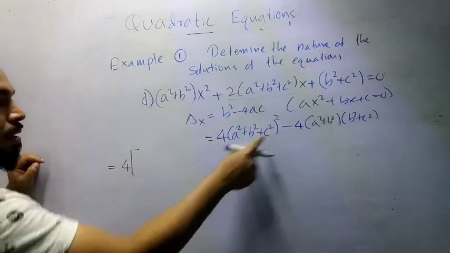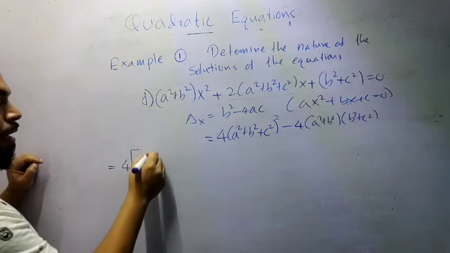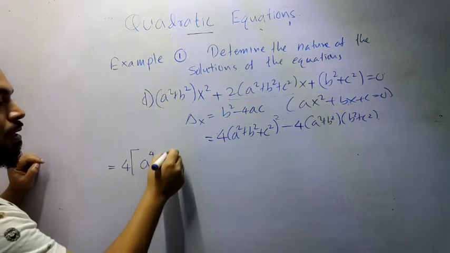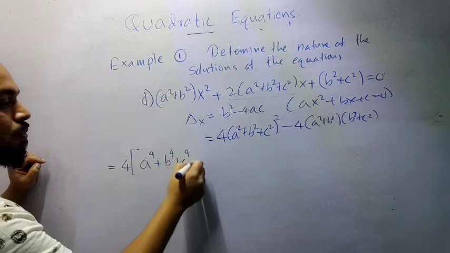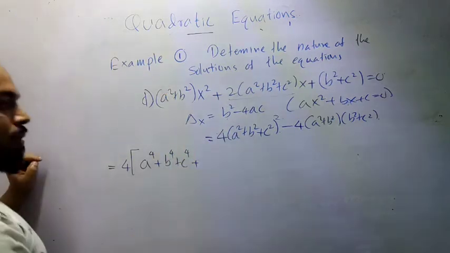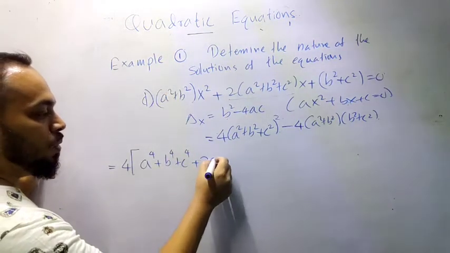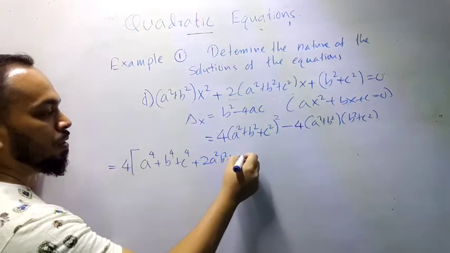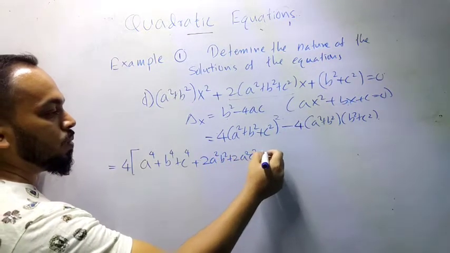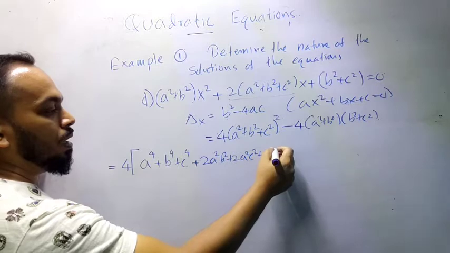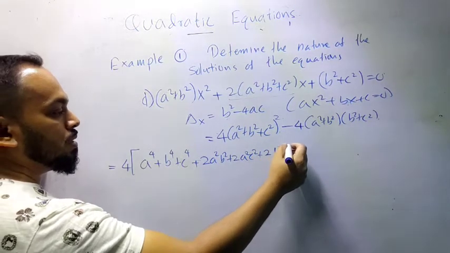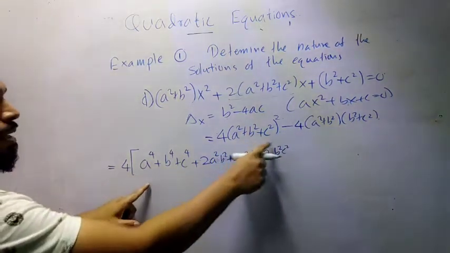When I expand this, what do I get? a to the fourth plus b to the fourth plus c to the fourth. Then we can have combinations of them: 2a squared b squared, 2a squared c squared, 2b squared c squared. This is the expansion.